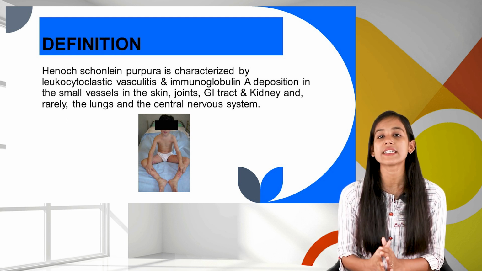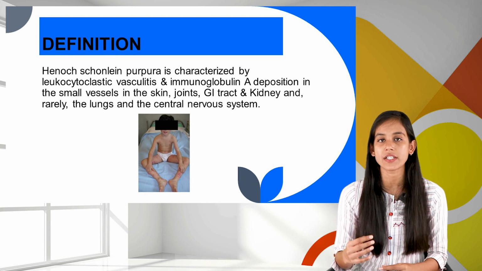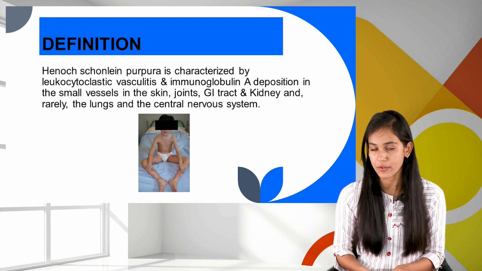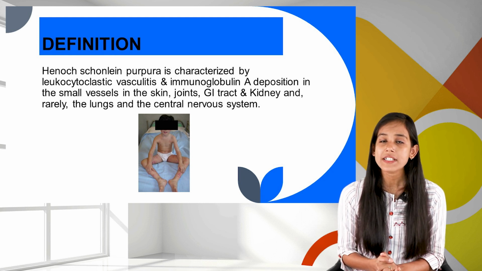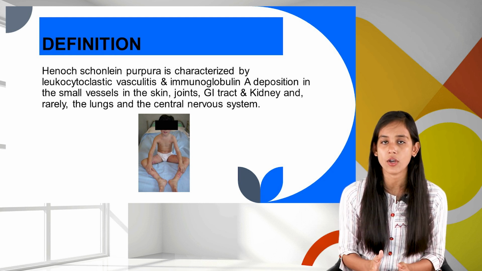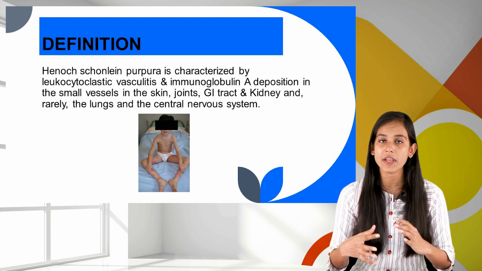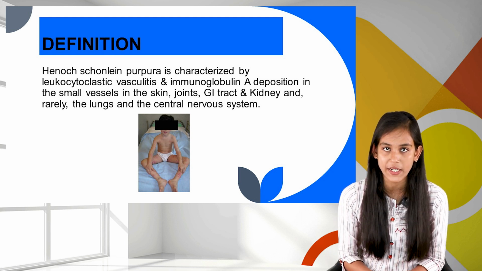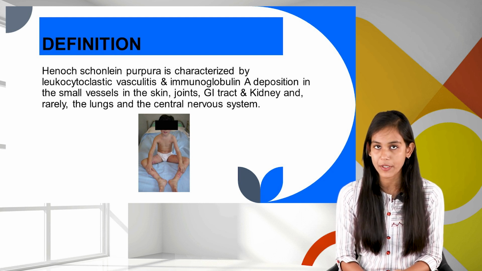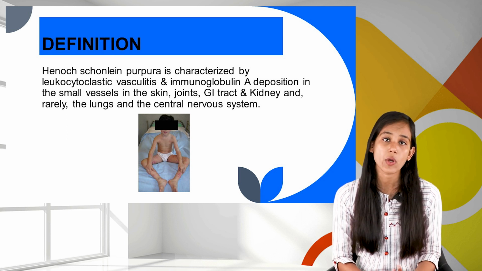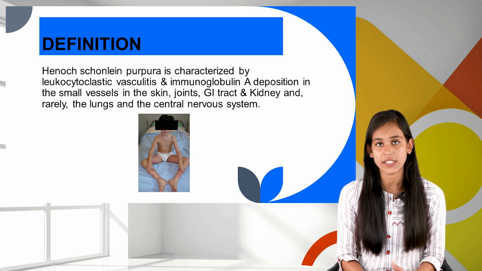It depends upon the severity of the disease whether it will affect the lungs or the central nervous system or not. So if we see a child with Henoch Schonlein Purpura, the classic tetrad will be present: the palpable purpura, arthritis or arthralgia, abdominal pain and renal disease.